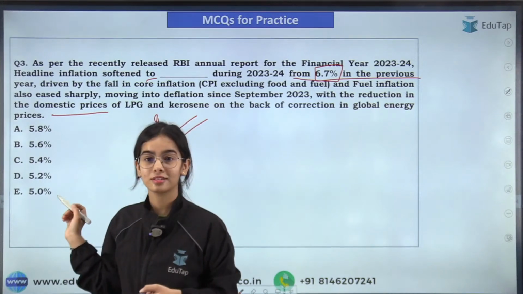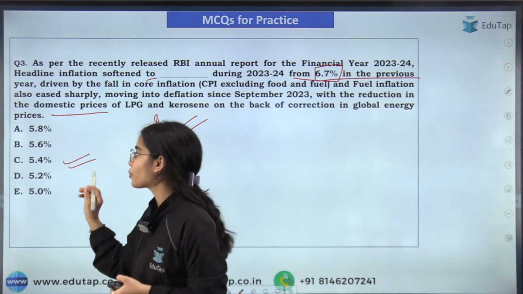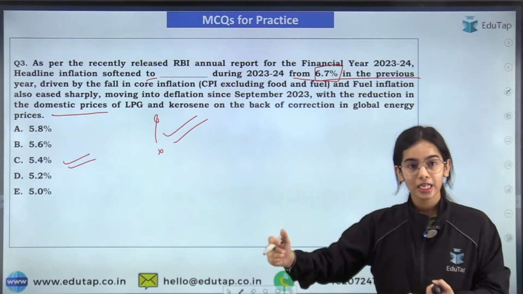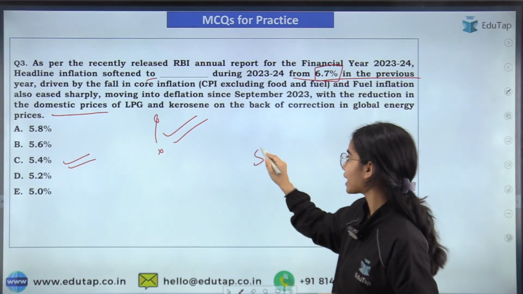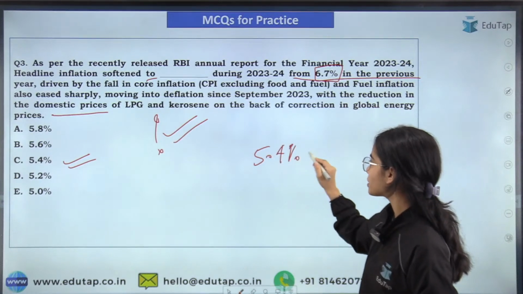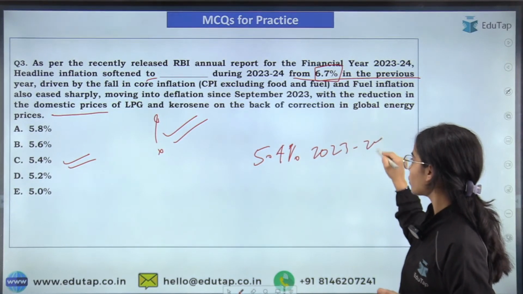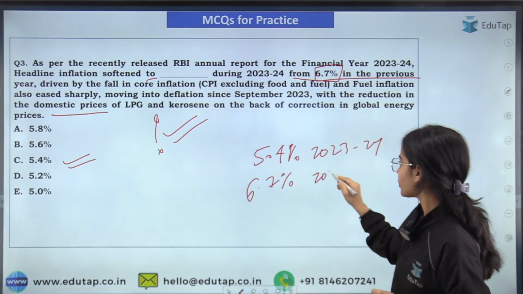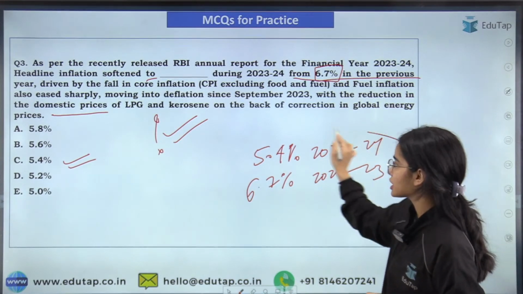Yes, very good. It is 5.4%. So headline inflation, the retail CPI inflation, has softened to 5.4% in 2023-24 as against 6.7% in 2022-23.